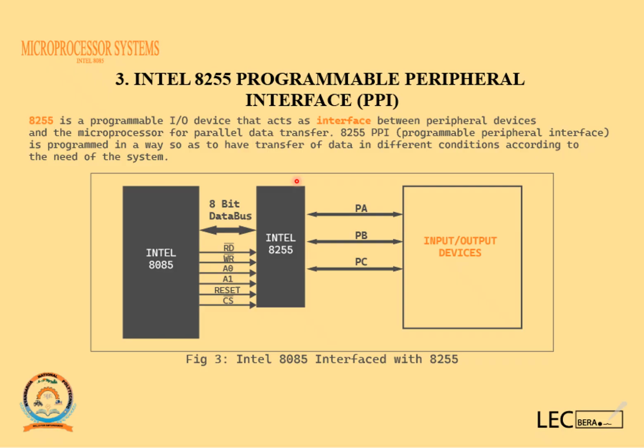We are going to discuss them under modes. So we can have mode 0, mode 1, or mode 2, a total of 3 modes of operation. But that one is going to come later.